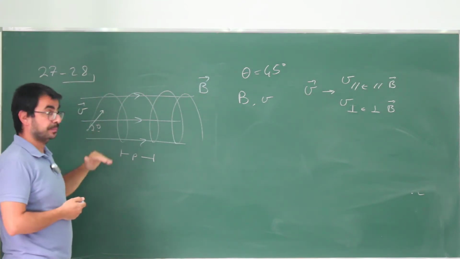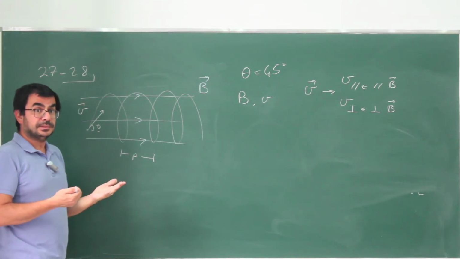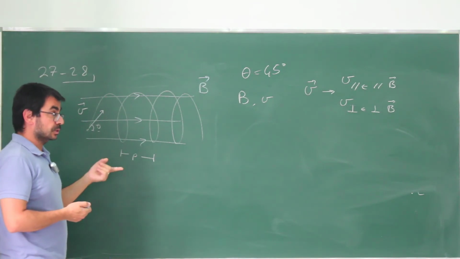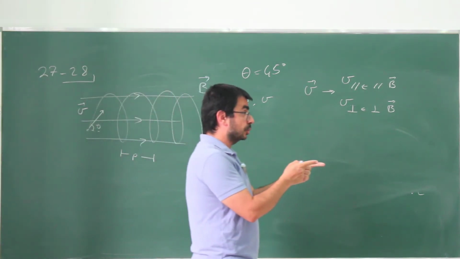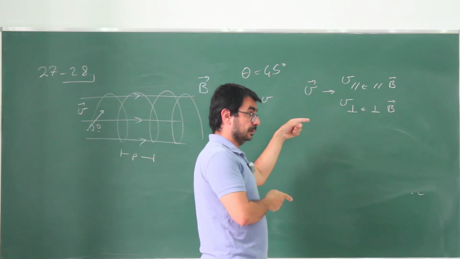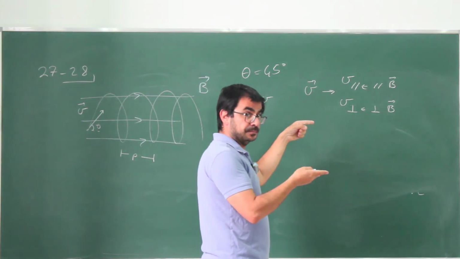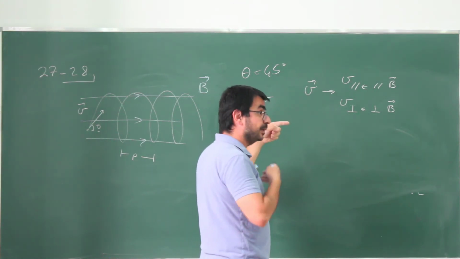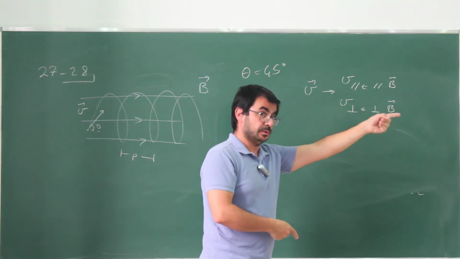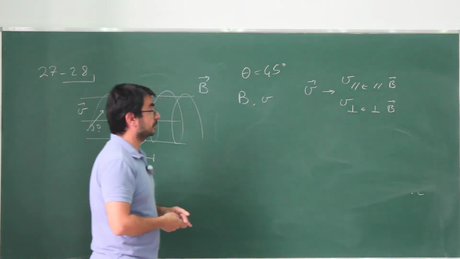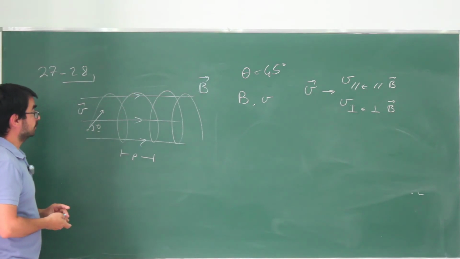You canceled out the parallel component. And you know what happens in that case? It's just circular motion. Okay, so if you're moving in this direction, what you're going to see is circular motion by this particle. But somebody else is going to see circular motion that's moving along with you, which leads to helical motion. Okay? So this is another equivalent way to think about this problem.